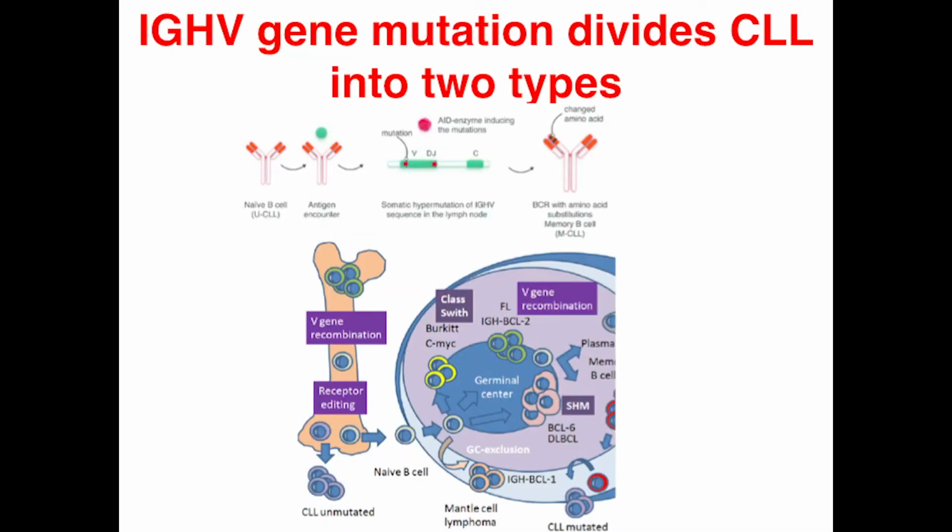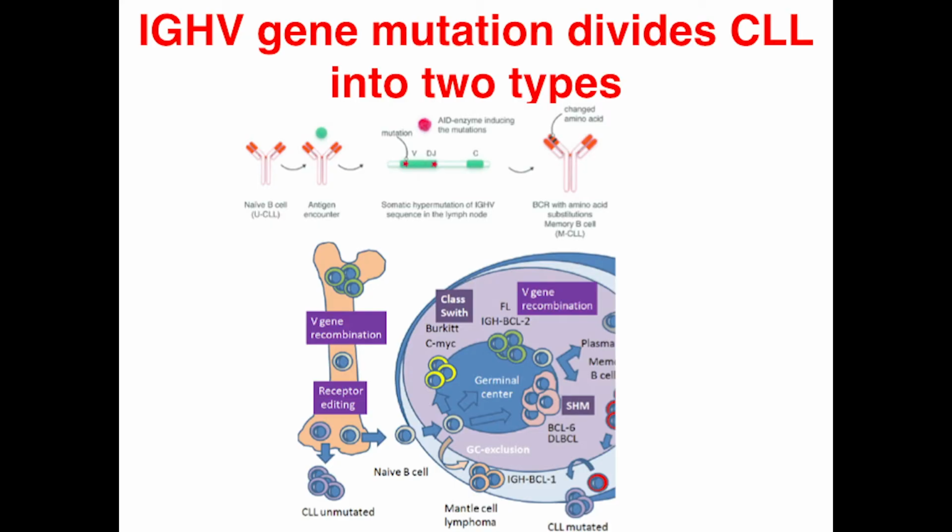There's one other mutation that you need to appreciate to understand CLL, and that is that the B cell receptor can exist in two stages. In B cells that come out of the bone marrow, the B cell receptor is composed of the same genes that are found in any other cell.